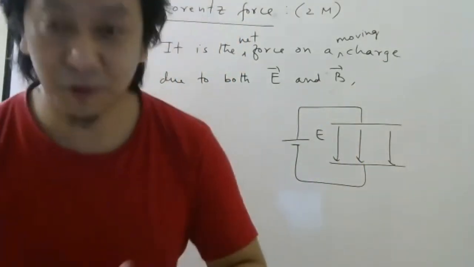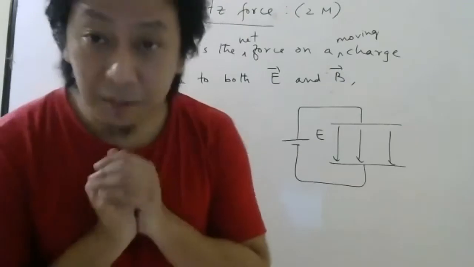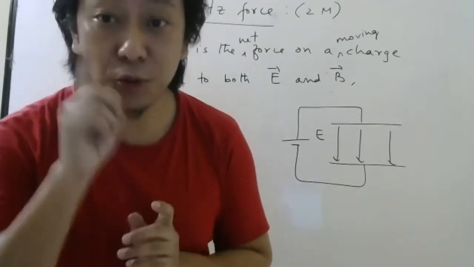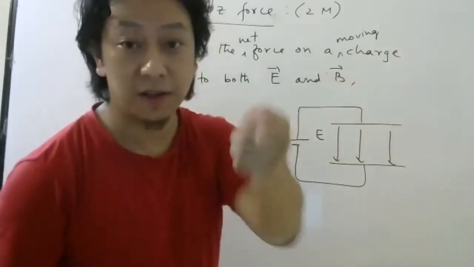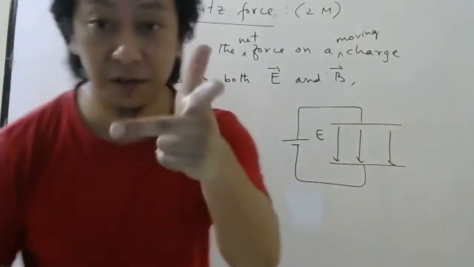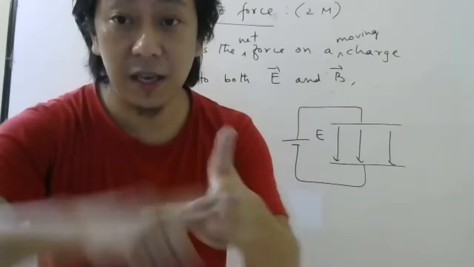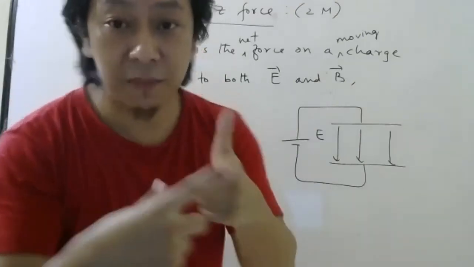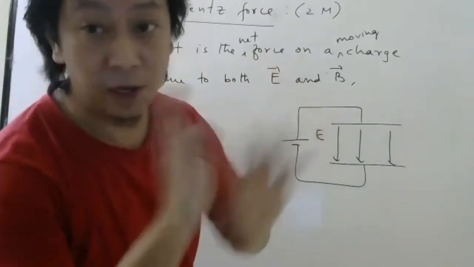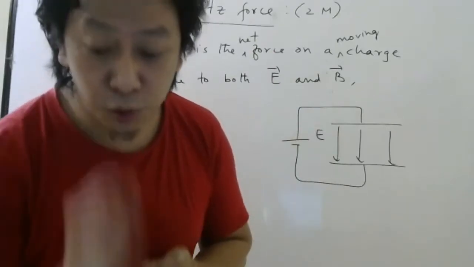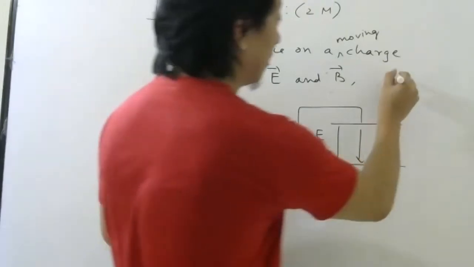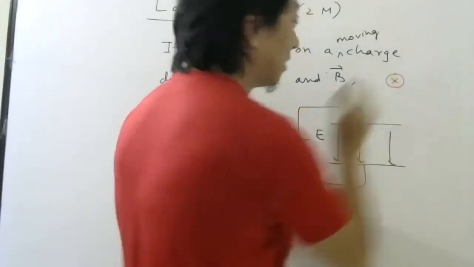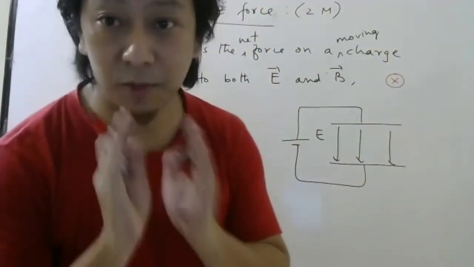Now, there is something I have to teach you. Sometimes in this chapter, we will have to show vectors which are this way also. We will have to show them because there are 3 vectors: V, B, F. If 2 of them are on the board, one of them will not be on the board. To show a vector which is into the board, we will use this symbol. This is a very standard symbol in physics.